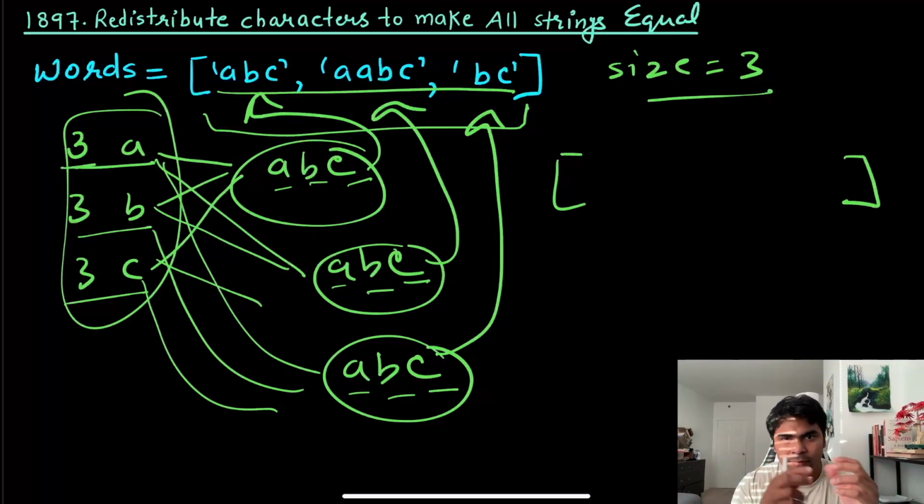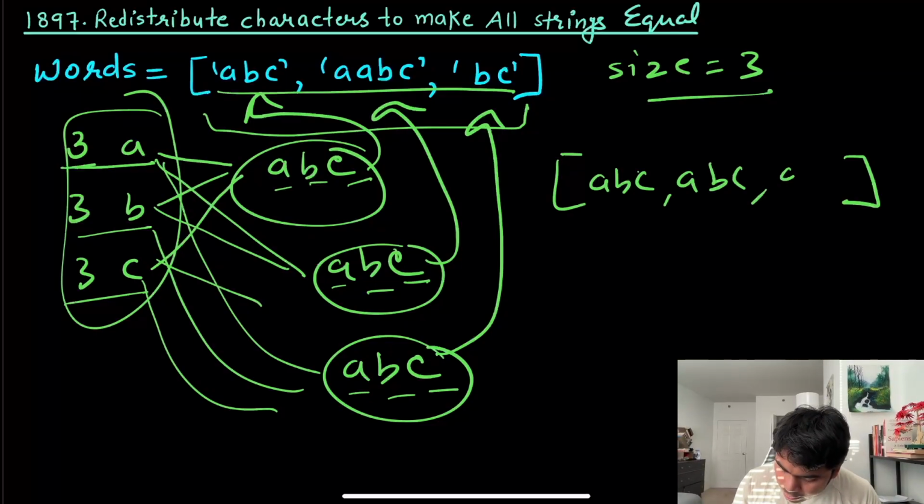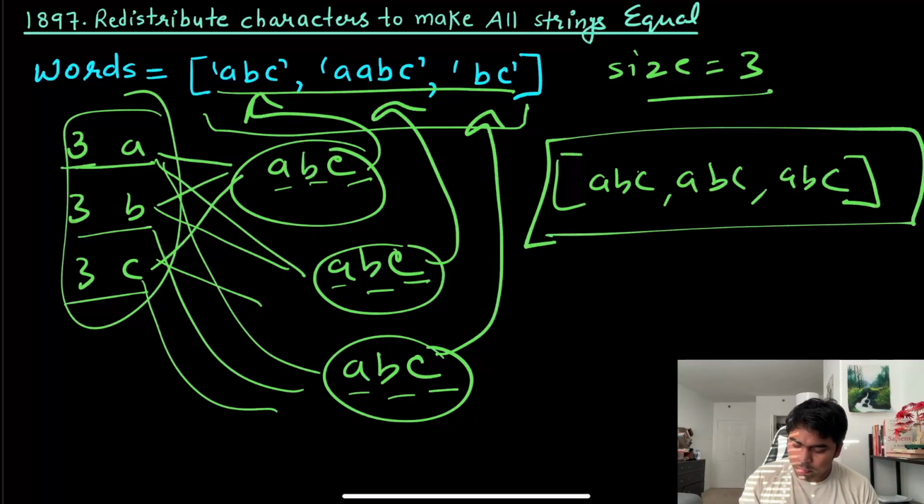The position doesn't matter. We can use that operation to move characters around. Finally we were able to create ABC, ABC, and ABC. So this is what we could create only if the number of each character was equal to the size of the words.